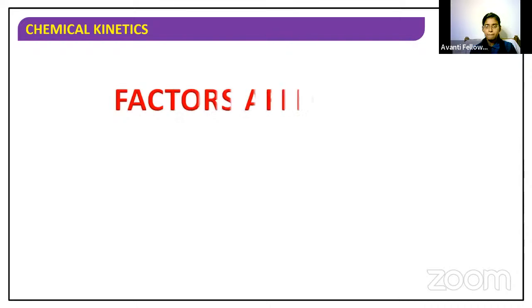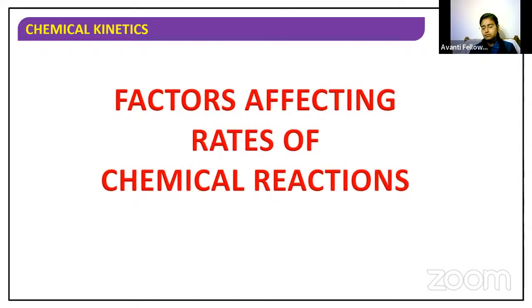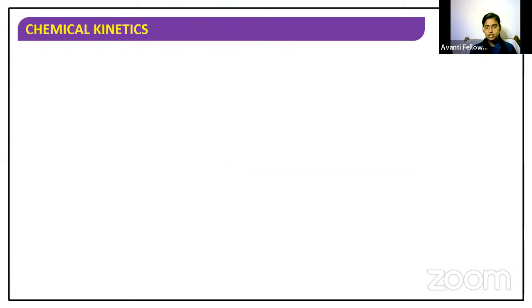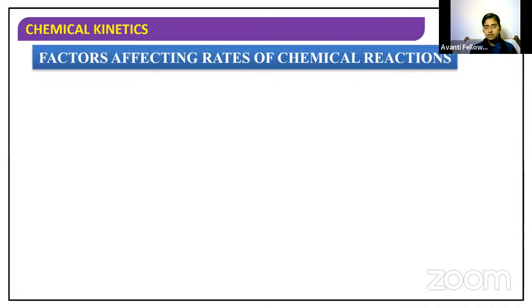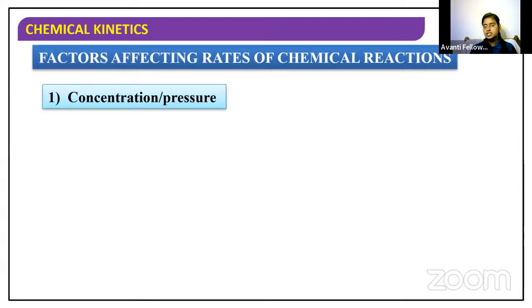Okay. So now we are moving into the next topic, which is the factors affecting the rate of chemical reaction. Already we have discussed some roughly. Now we are going to see the factors affecting the rate of chemical reaction in detail. The first factor is concentration and pressure.